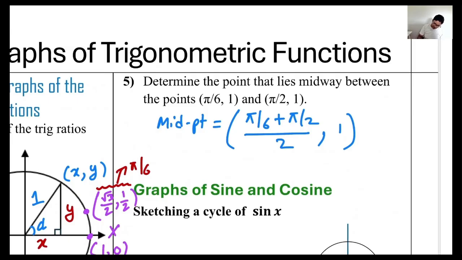Okay. Now take 6 as the common denominator in the numerator. You can multiply up and down by 3 and 3. So you get 4 pi over 6 up there. Okay. And then you're dividing that by 2, 1. And if you try to simplify that now, that 2 will cancel with 4 pi.